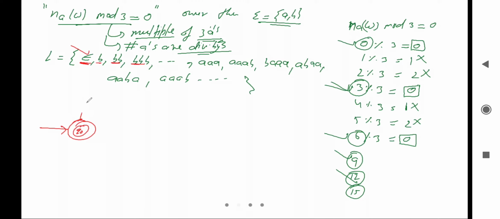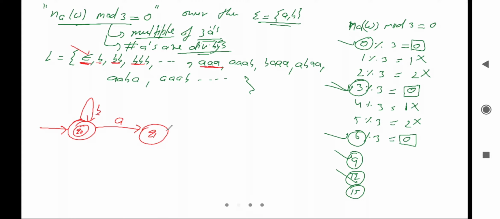Can I take the loop of b? Yes, by taking this loop it is valid. What about the next one? It can accept 3 times a. For 3 times a, we'll take another state, q1, and we read a and go to q1.